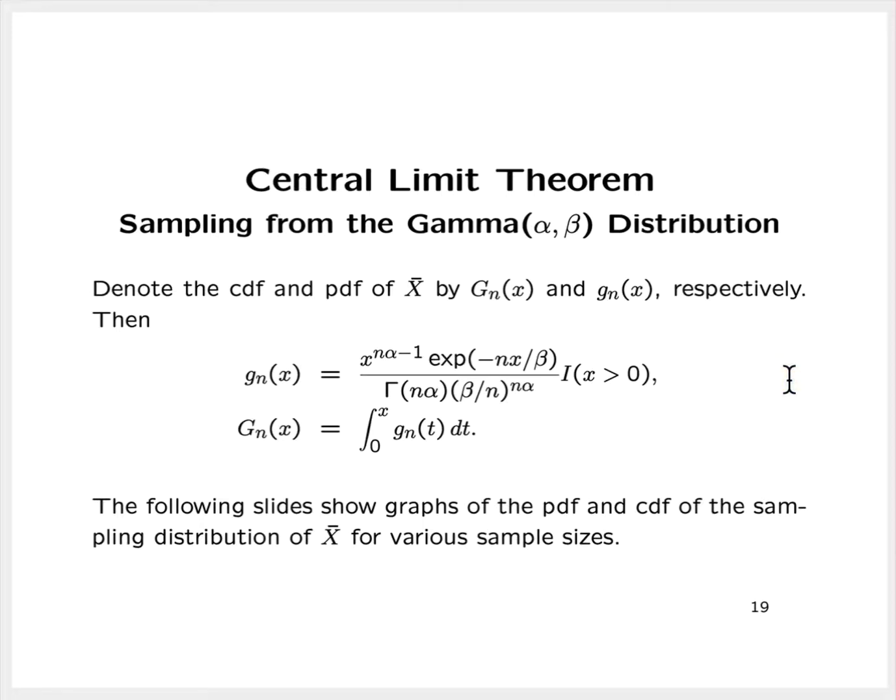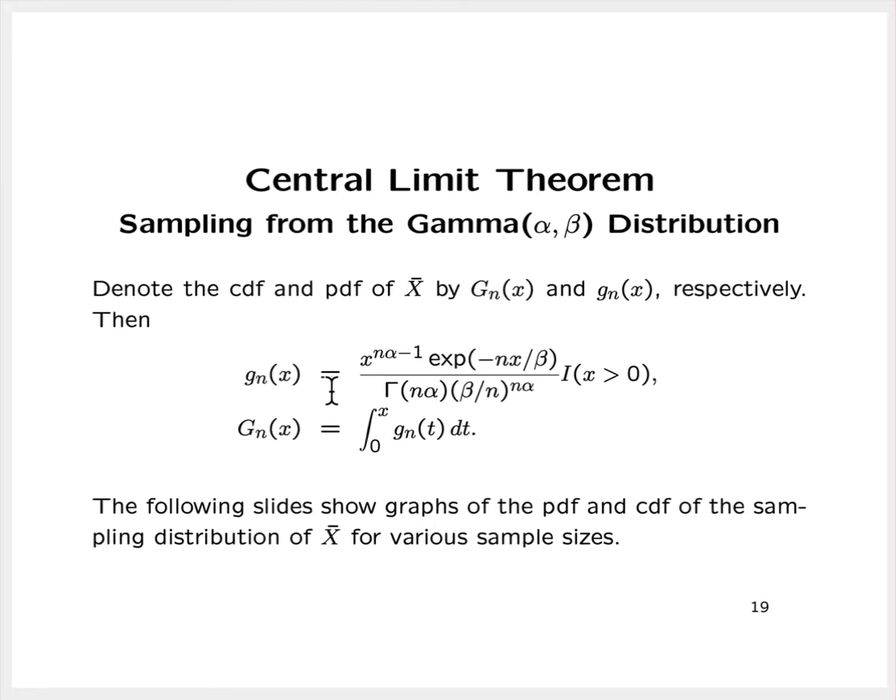Now, since we know that the sample mean has a gamma distribution with parameters n times alpha and beta over n, and because we know the PDF of the gamma distribution, we can immediately write down the PDF for the sample mean.